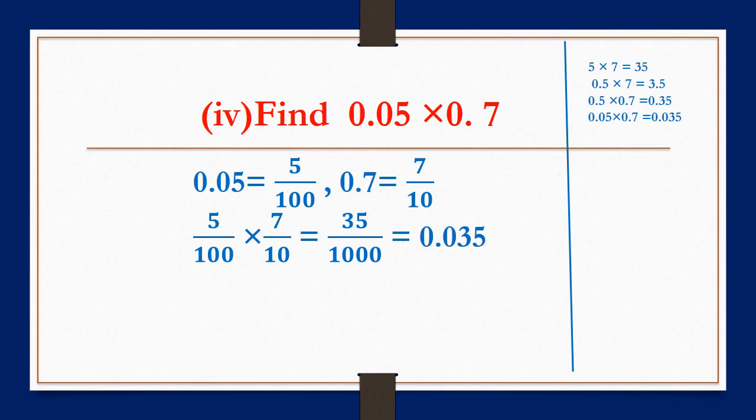It will be 35 and the denominator will be 1000. So how many decimal places will there be? It will be 035. Why? There are 3 zeros. So we'll keep 3 places from the right side. So it will be 0.035.